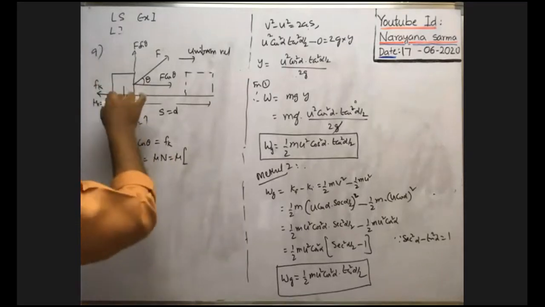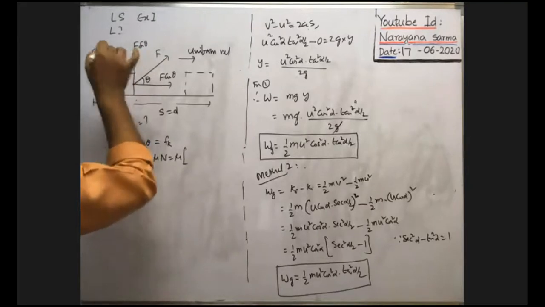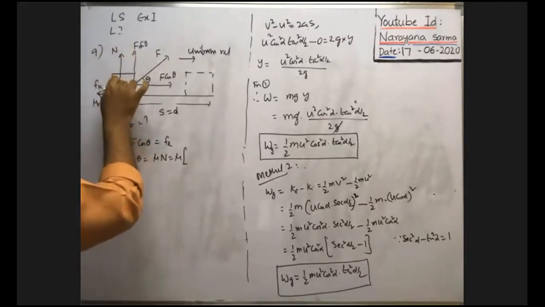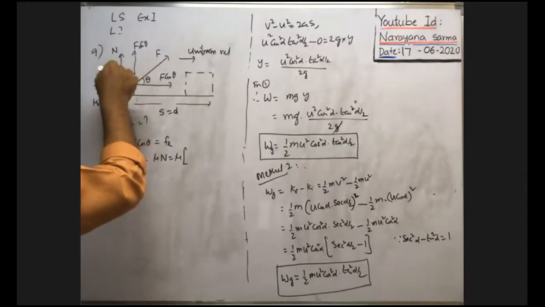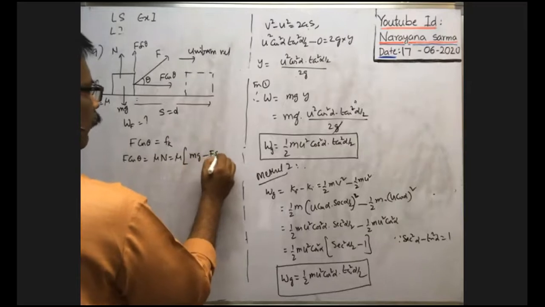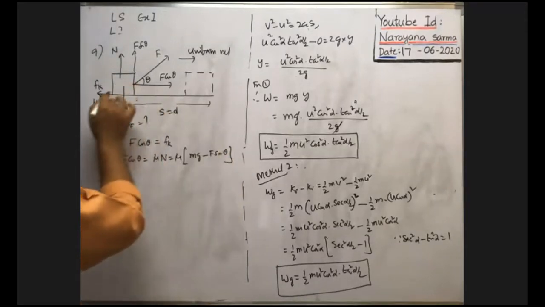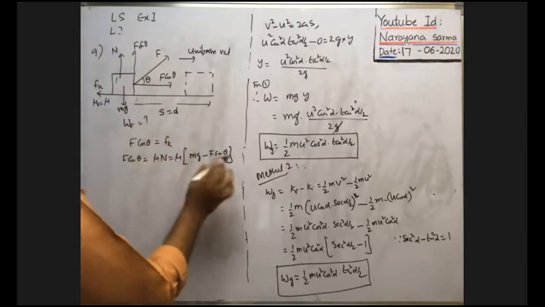Weight mg acts downwards and force component F sin theta acts upwards. As the block is in contact with the floor, definitely mg is greater than F sin theta. So the net force on the block downwards is mg minus F sin theta. With this force, the block pushes the horizontal surface downwards, and the equivalent reaction acts. That's why N is equal to this one.